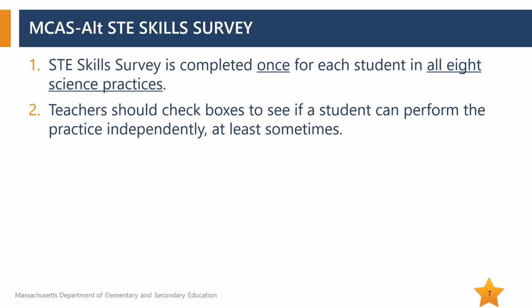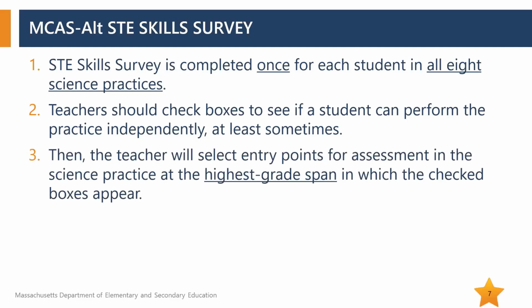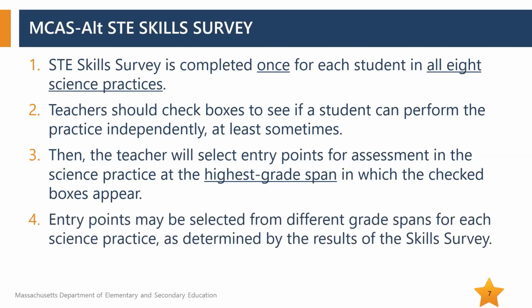It's just if they can do it at least some of the time. You're going to select entry points for the assessment in the practice at the highest grade span. And this will make sense in a moment when I show you what the skill survey looks like, but you may have different levels, different grade spans, depending on the practice, and that's perfectly fine.